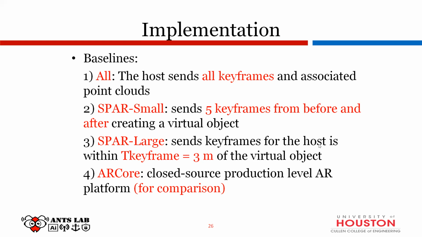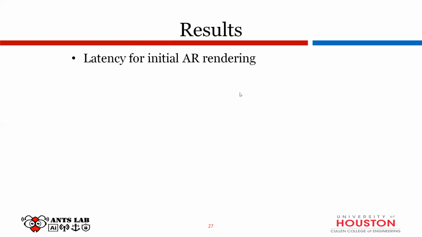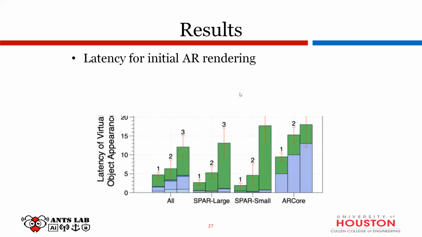The third one is sparse large, which sends keyframes from the host within 3 meters of the virtual object. And ARCore is just for comparison, an AR platform that is mentioned in other papers. So these are the 4 they are trying to compare. First, we will see the latency for initial AR rendering.